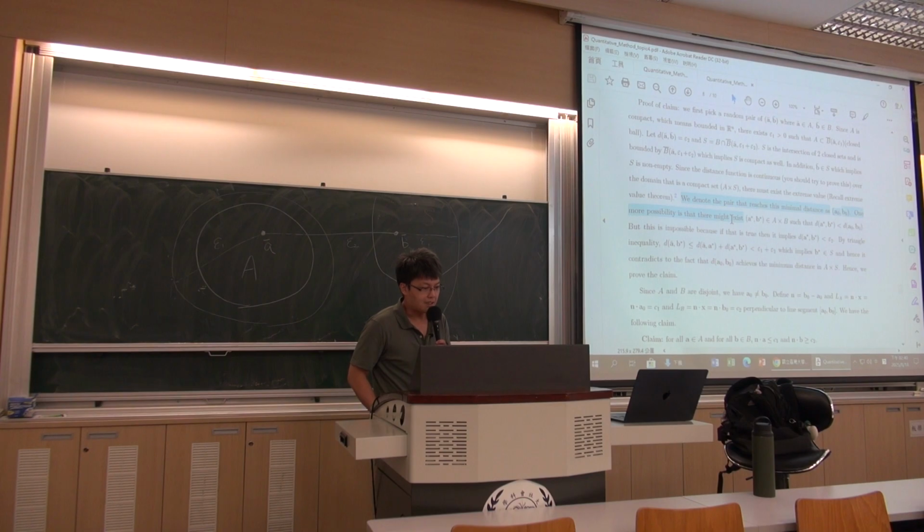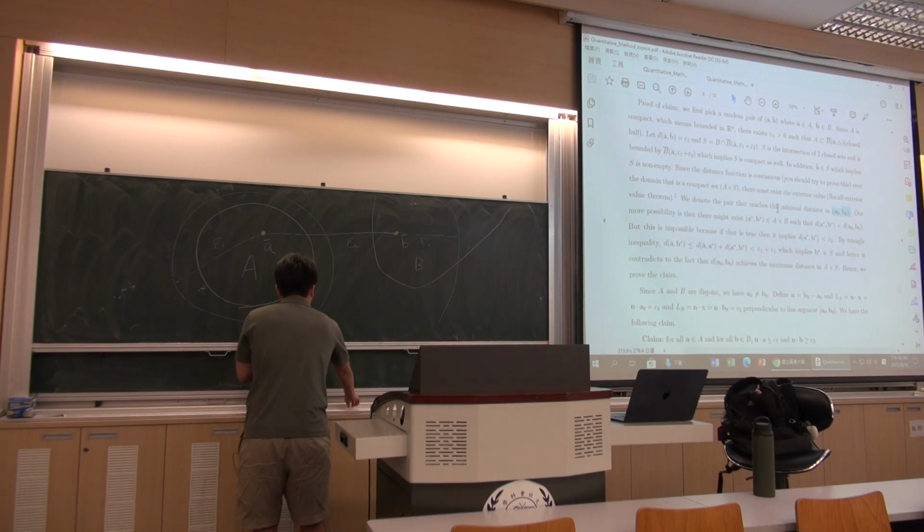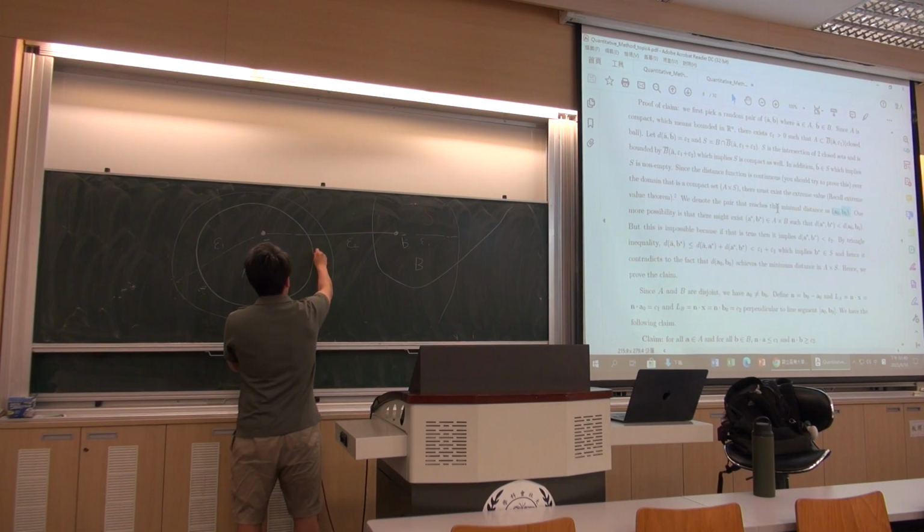So that means there exists a pair, which I denote as A0, B0, that reaches the minimum distance. In this graph, that is here.